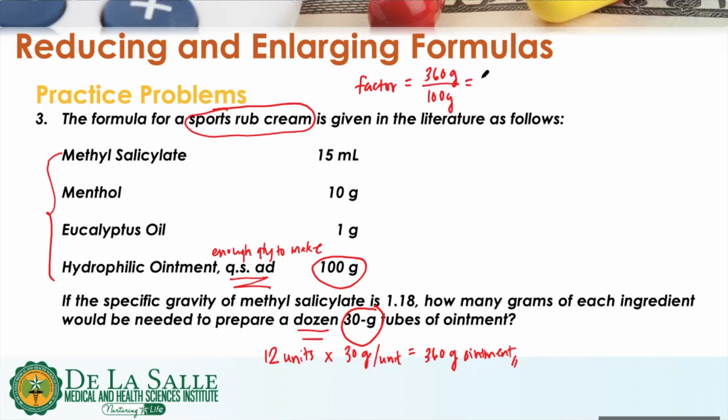So we get a factor that is 3.6. Now, when the factor is greater than 1, it means that we are enlarging the formula. If the factor is less than 1, it means that we are reducing the formula. So what are we going to do with this factor? Basically, we will use the factor to multiply each of the amounts that is stated in the formula.